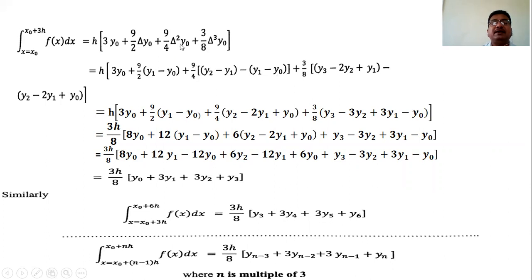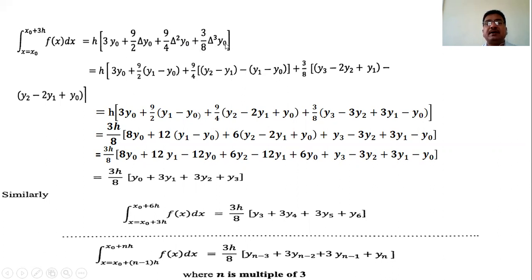So how can we find delta square y0? Delta square y0 is delta of delta y0. So ignore this step and directly find delta square y0 by using your procedure. Delta y0 is y1 minus y0, and then apply delta on both. We have this answer: y2 minus 2y1 plus y0. And then delta cube y0. Delta cube y0 is what?